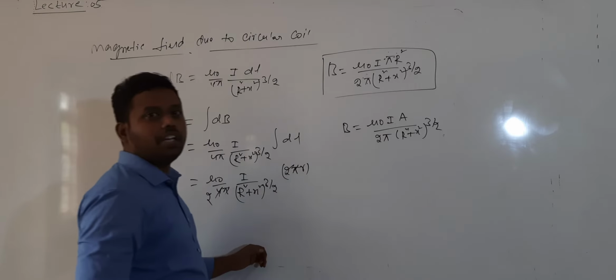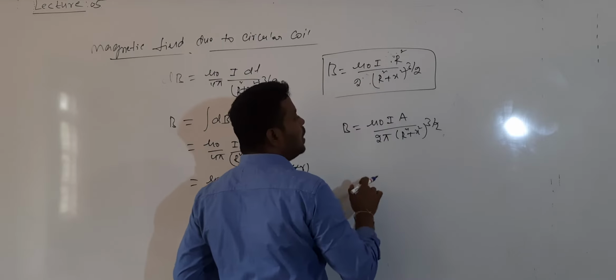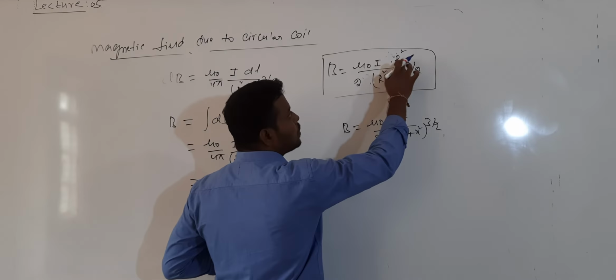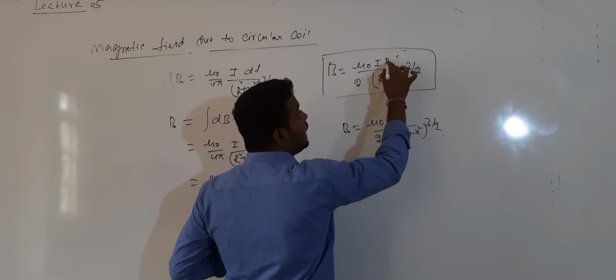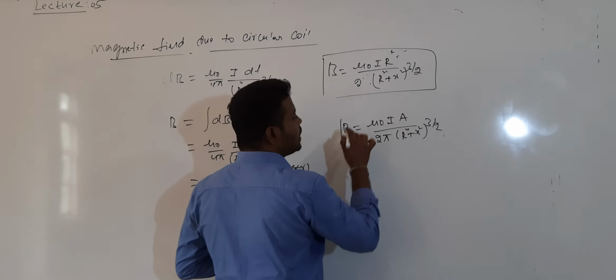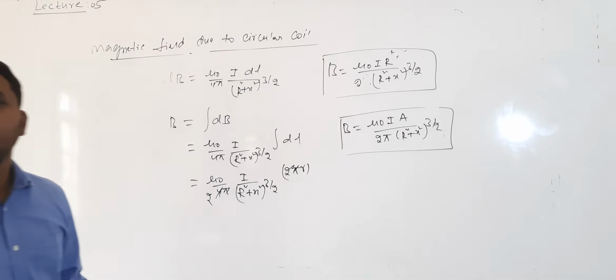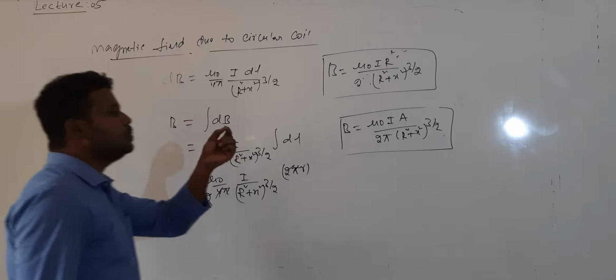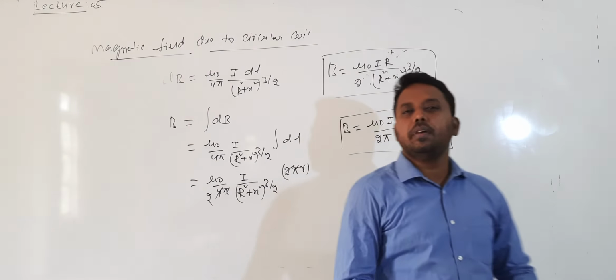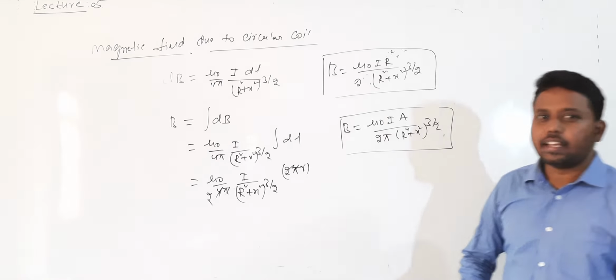Can you make this modification? If I put pi in the numerator, pi r square will become A, so the denominator also compulsorily needs pi. Okay, this is the expression for magnetic field due to circular current carrying coil. Make this one small modification: where you have written A, in the denominator put the pi.